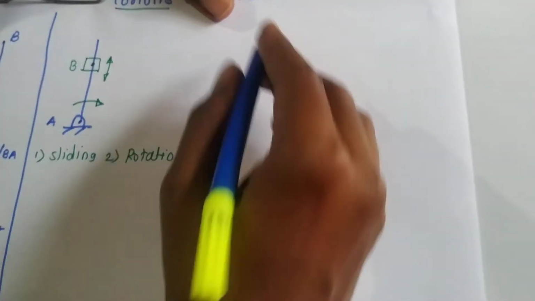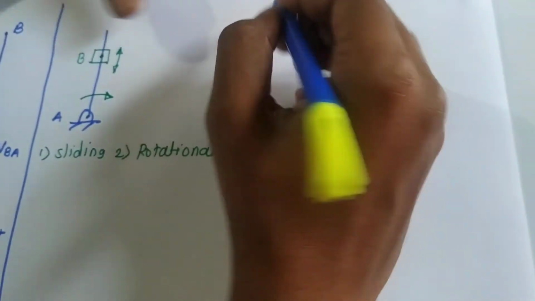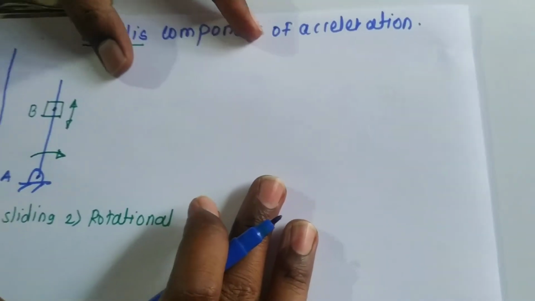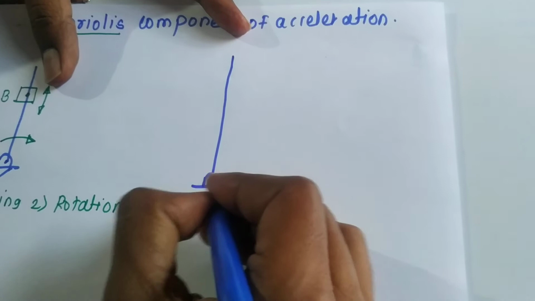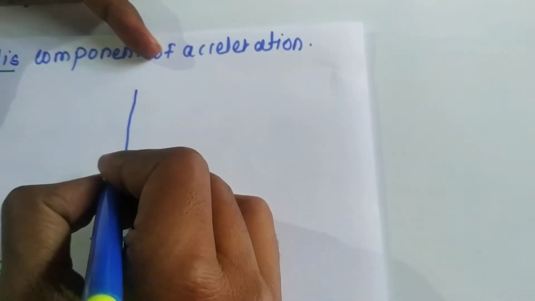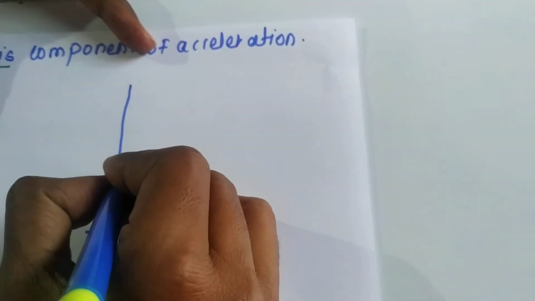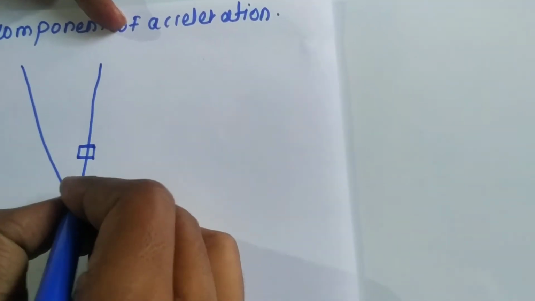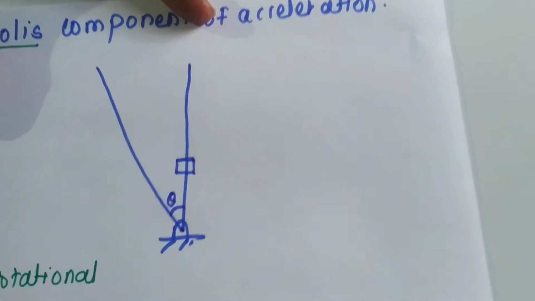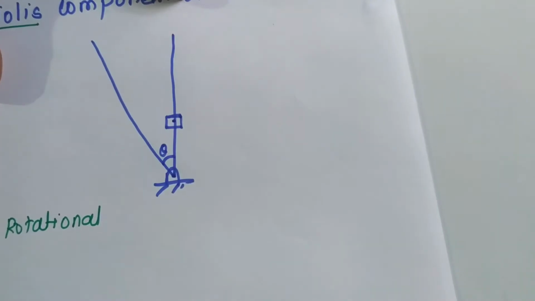We consider the same example. Let's say this will be a link. Here will be the position of the slider. Assume that this link is rotated through angle theta. So through this angle theta, this link is rotated. Now tell me, what will be the position of the slider in the next case?